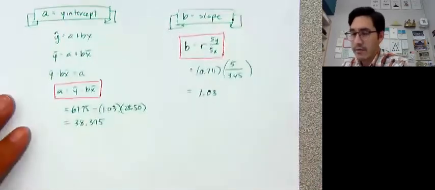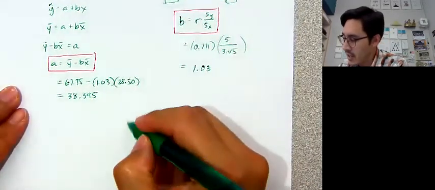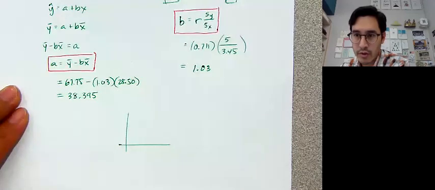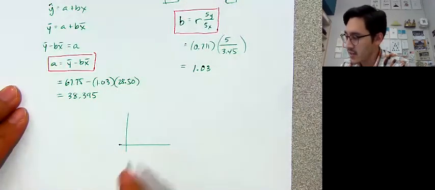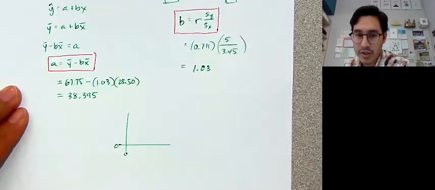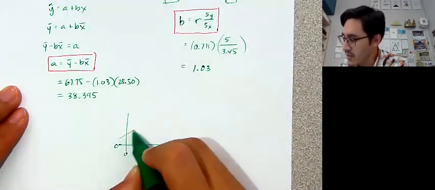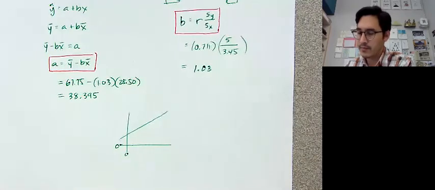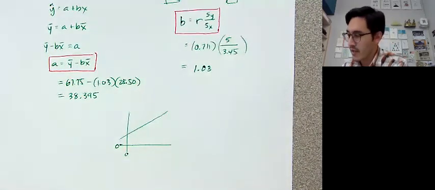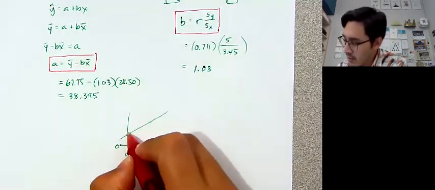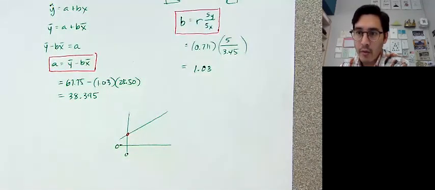So let's look at just a general graph. Okay, so this is an x-axis, and let's say we have our origin there. This is the y-axis, and then there's some regression model, some regression line. Okay. All right, so this point here represents the y-intercept of the line.